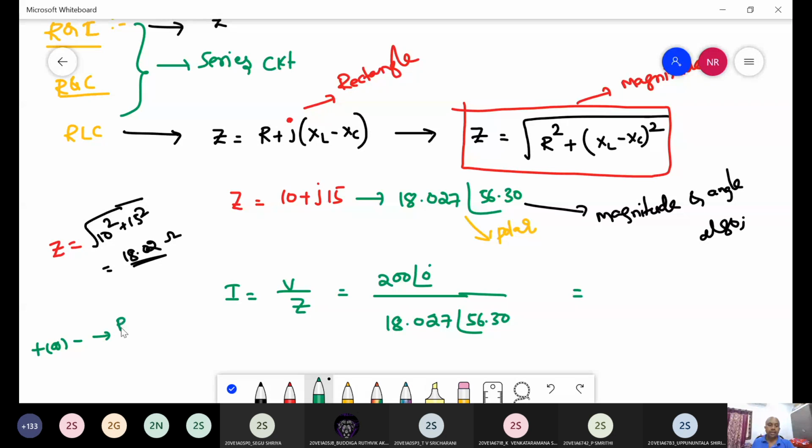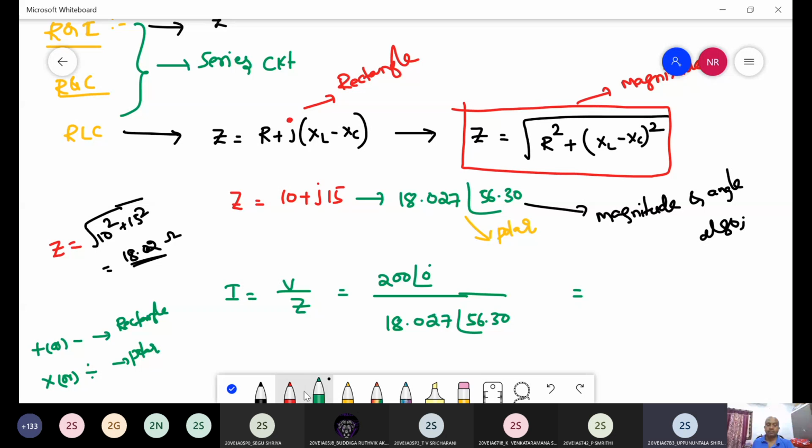We should go to the rectangular form for addition or subtraction, and for multiplication or division, it should be polar form. So here it is polar form. Then magnitude 200 divided by 18.027. 200 divided by 18, so what is that?